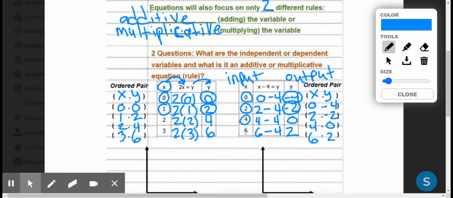So just comparing these two rules. First we've looked at independent and dependent variables. That was question 1. And question 2 is, are we using additive or multiplicative equations or rules? Well, in the first situation, this is a multiplicative rule.